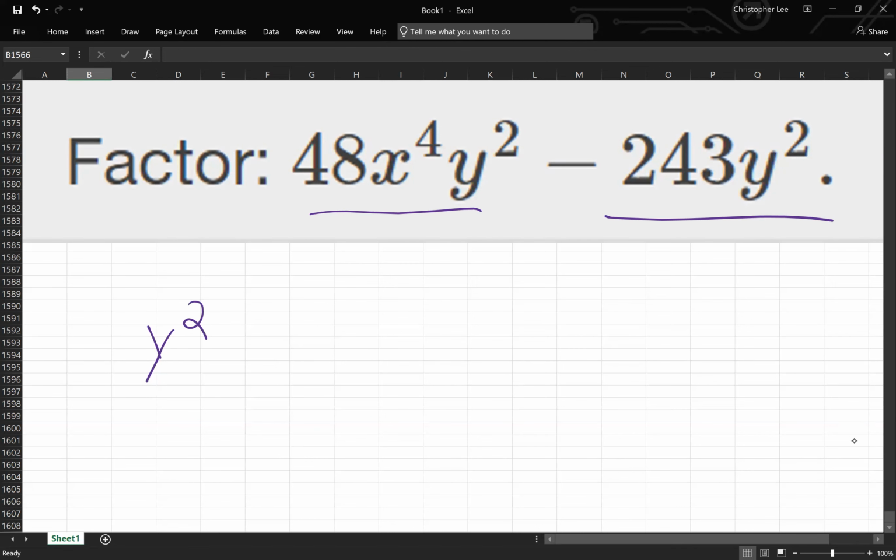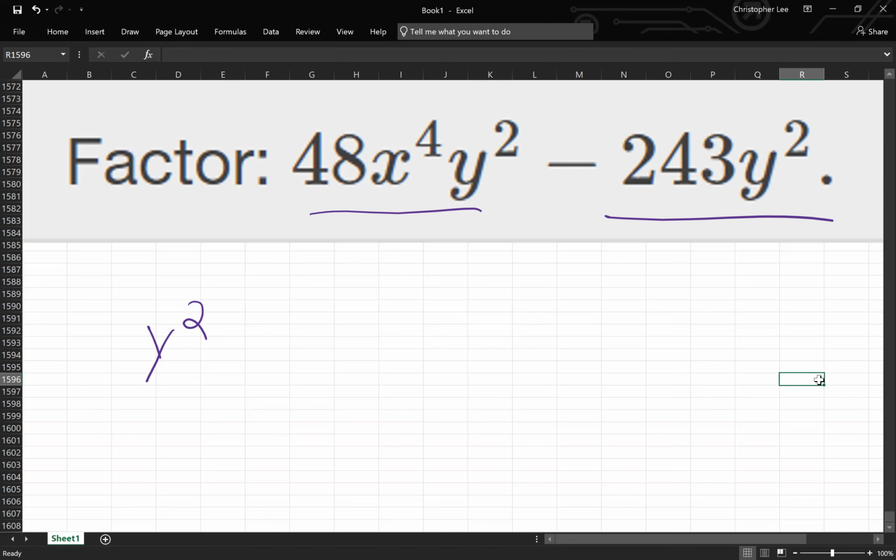Y squared. Okay. And what about the number? Is it 12? Does 12 go into 243? I don't even know, I'm about to check right now. 243 divided by 12. Nope. Start even more basic than that. 3.